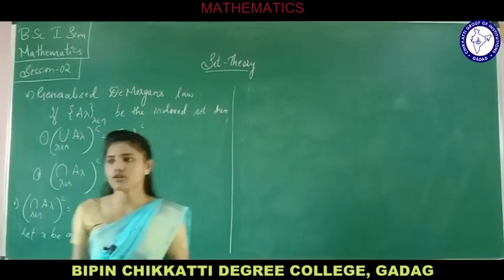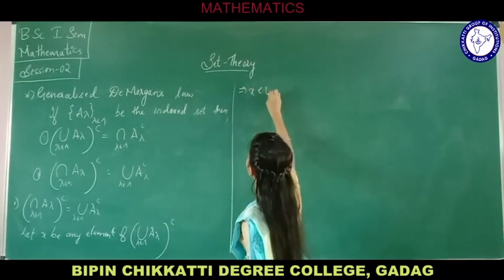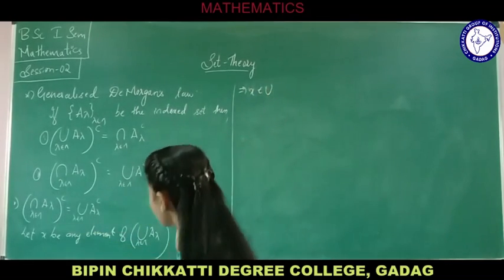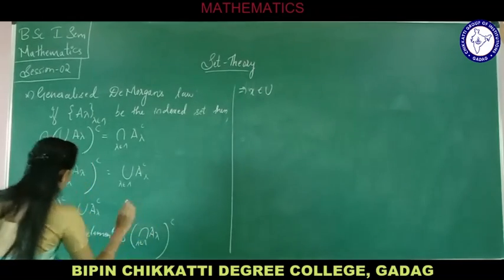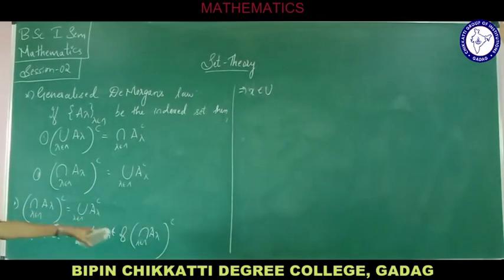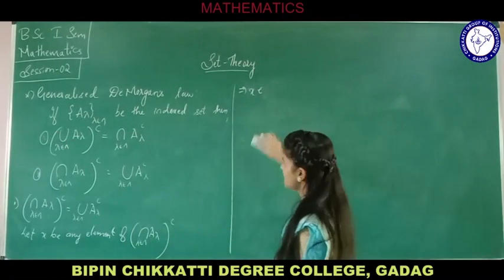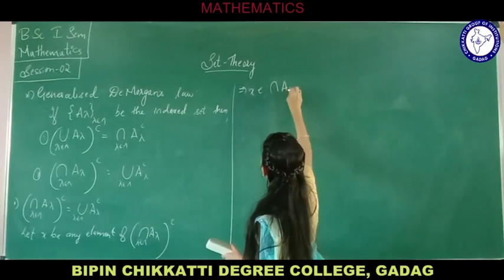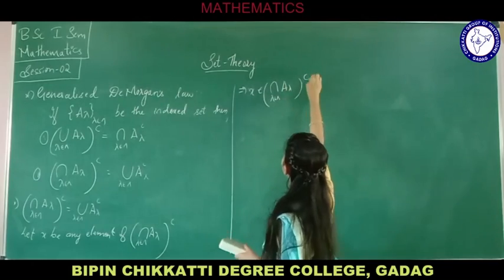If so, how are we going to write it? We are going to write it as x belongs to the intersection of A lambda complement, where lambda belongs to the indexed family. It just says that x belongs to the complement of the intersection of A lambda, lambda belongs to the indexed family.